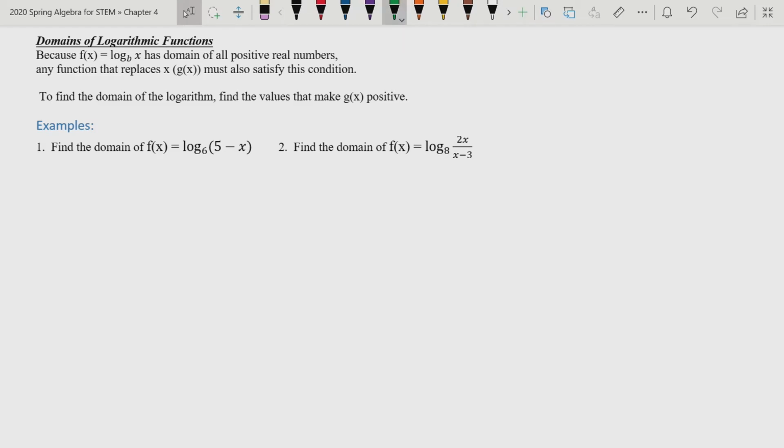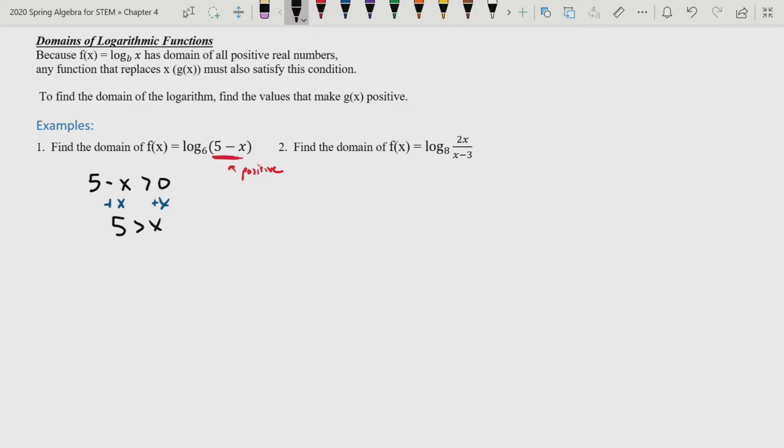Let's look at an example. Let's find the domain of log base 6 of 5 minus x. We know that whatever goes into the logarithm has to be positive. So that means we need 5 minus x to be bigger than 0. If I solve this inequality, I add x to both sides, and I get 5 is bigger than x.